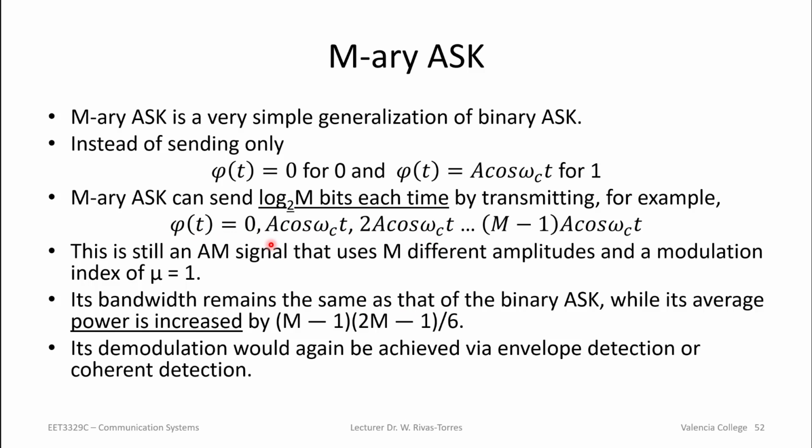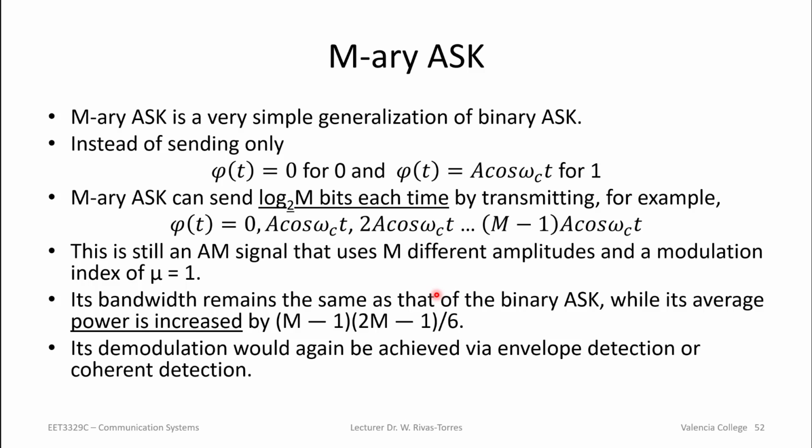Because the information is contained in the amplitude, that's really the number of amplitudes that you need. Notice how we say 0A, 2A, all the way to M minus 1A. So these are the different amplitudes that you have, okay? And remember, this is still an AM signal. It's just that it has M discrete amplitudes, and everything is at a modulation index of 1, okay?